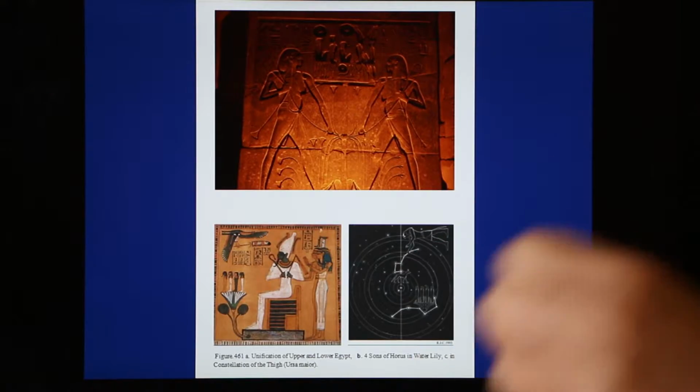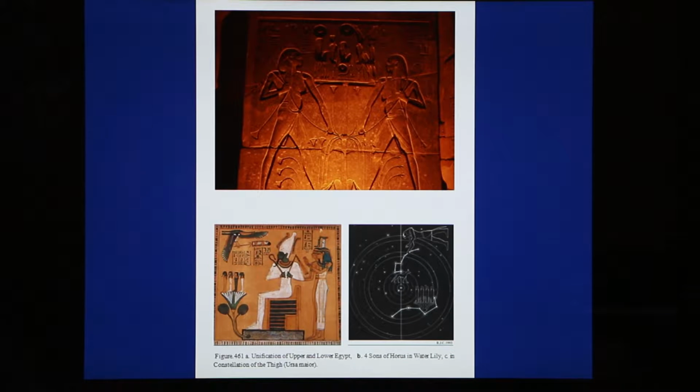Now we have 2 gods representing Upper and Lower Egypt. They are pulling on a string rather than a snake, but they are again pulling, and that string is linked with a column, and from that the creation takes place.